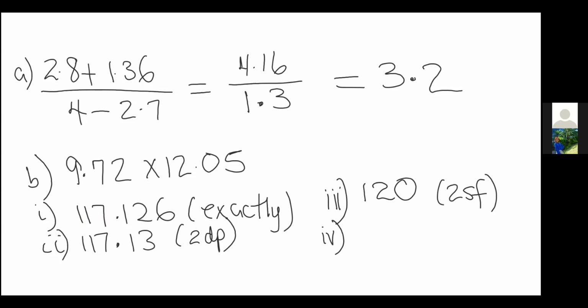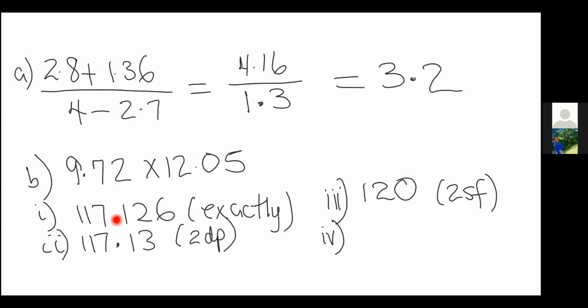Part 4 now, in standard form, write your answer in standard form. Again, go back to your exactly. And in standard form, we have to place the point in a position that makes our number bigger than or equal to 1, but less than 10. So if I watch it, I can move my point from here and put it here between the 1 and the 1, giving me 1.17126.